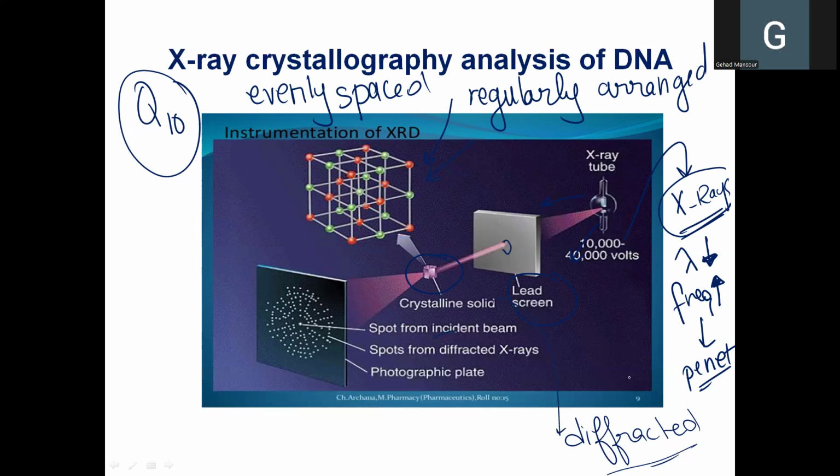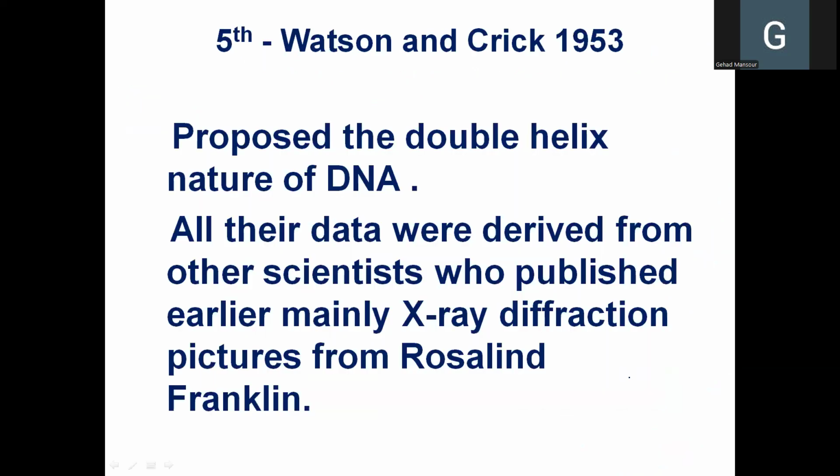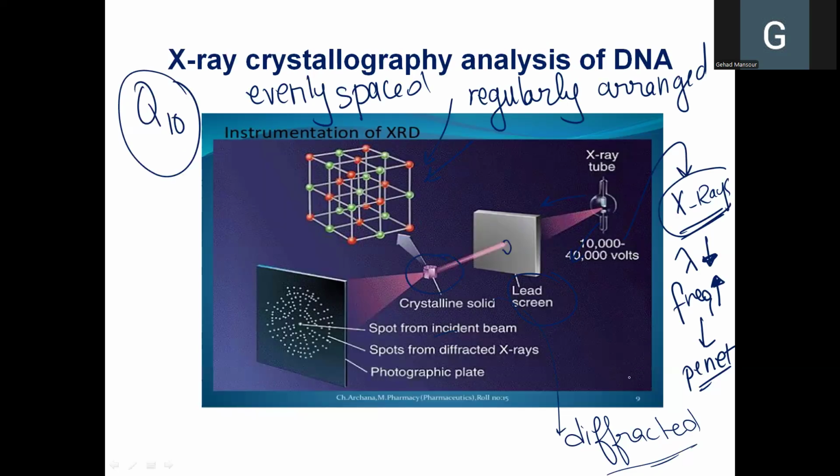And on a photographic plate, we obtain those white spots from the diffracted X-rays. So every crystalline solid will diffract the X-rays in a specific pattern that reflects the arrangement of the atoms inside the crystal. So this was the way Rosalind Franklin discovered several facts.